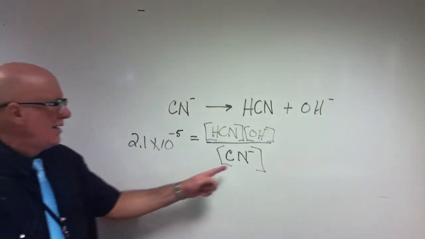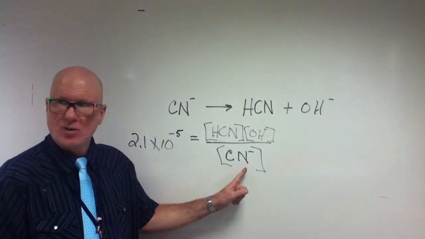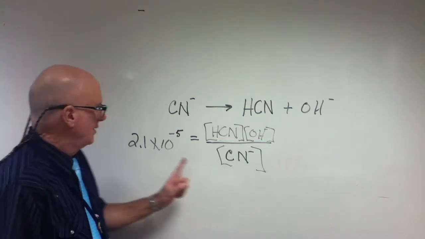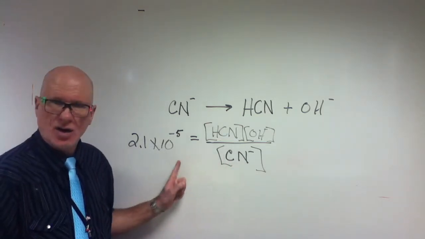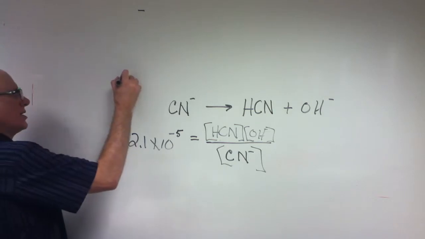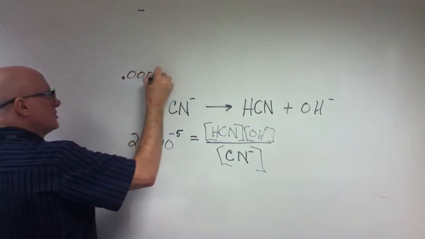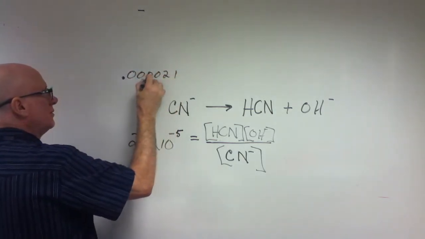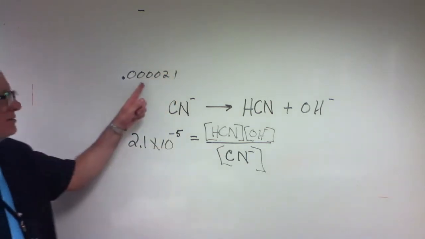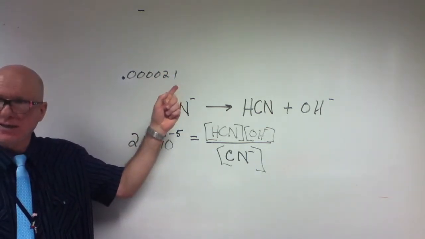Correct? Now, this value is going to be 0.01, correct? Yeah. Now, do you see how small these values are? Yes. For instance, this one is going to be 0.00021. Right? Yeah. Okay. Yes, you get that? Yeah.